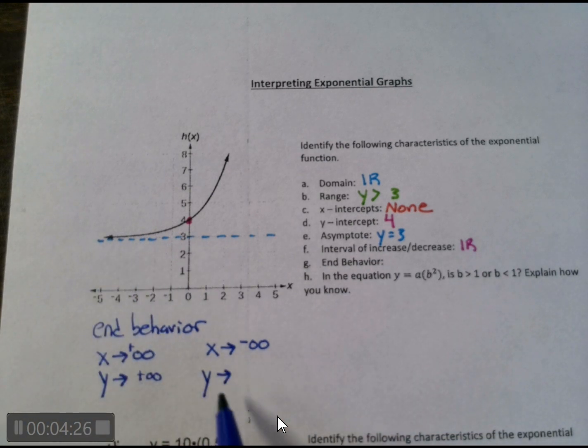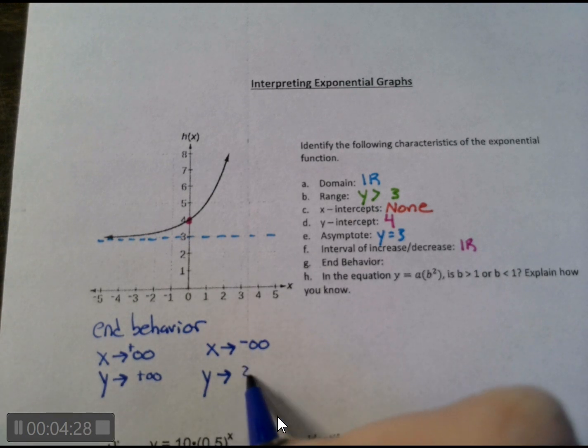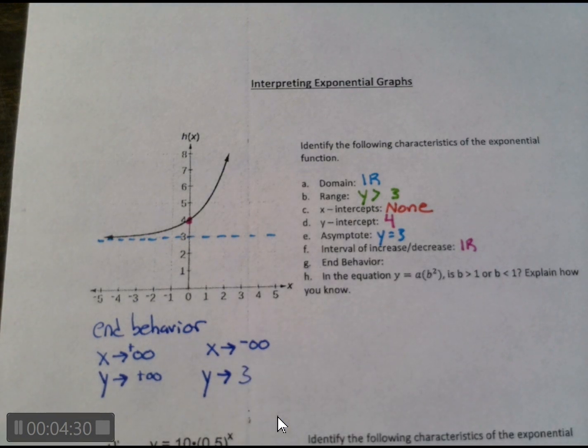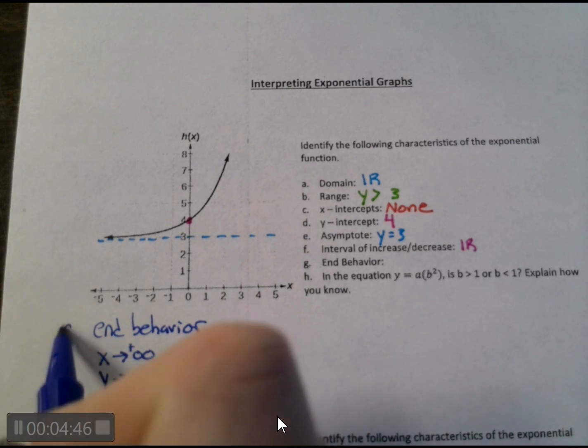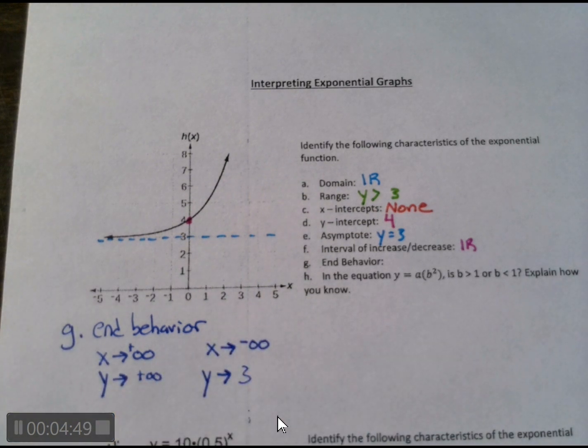So that's why we say it approaches 3. So when we're talking about end behavior, your x's will always be given to you, so you have to figure out your y's. One of your y's will always be your asymptote. The other one is either going to be positive infinity or negative infinity. So that was our g. Okay?